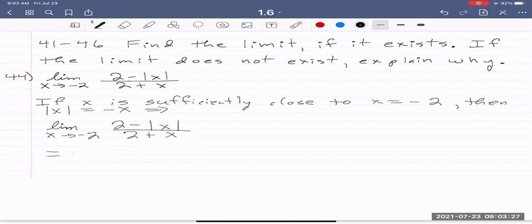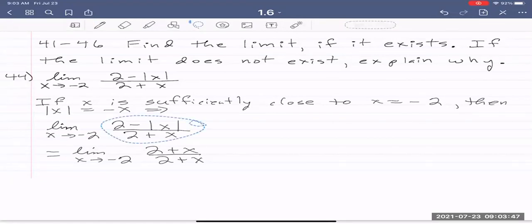So this is equal to the limit as x approaches negative 2 of 2 minus a negative x, so that's a 2 plus x. So in a deleted neighborhood of negative 2, these expressions are the same. For x sufficiently close, but not equal to negative 2, these are equal.